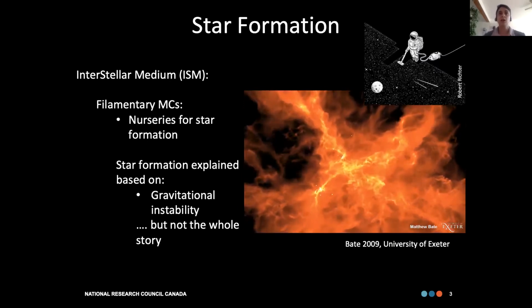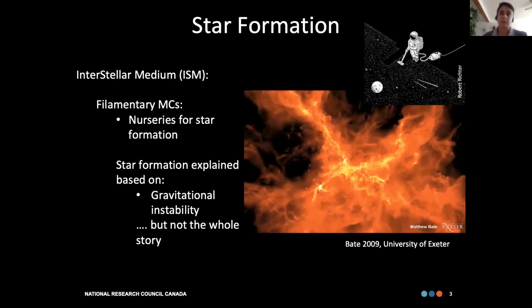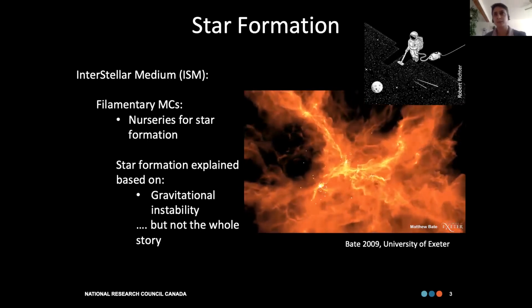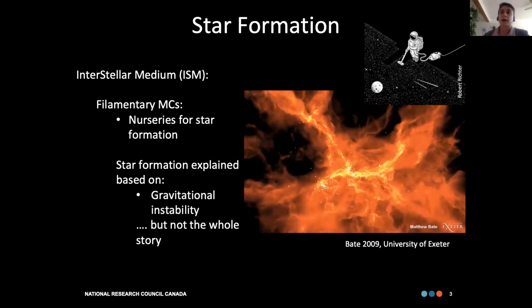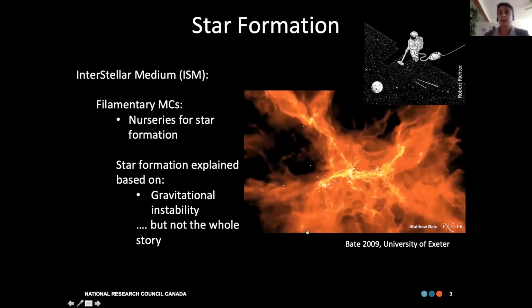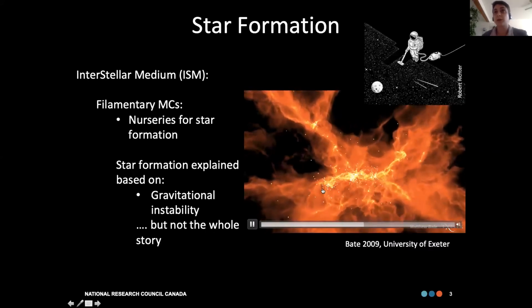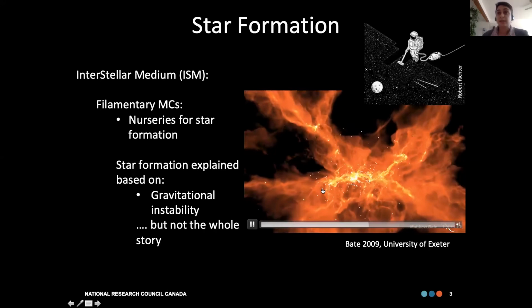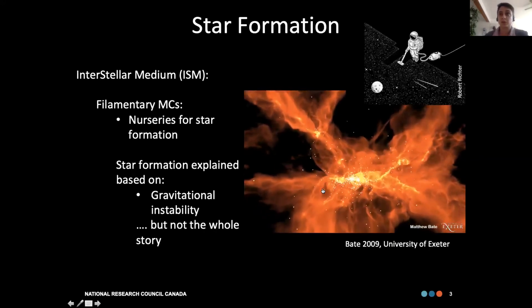So they allow for formation of stars within themselves. And various observations, including Herschel observations, showed that it's actually a dense filamentary structure, as you can see in the movie here, that are the nurseries for star formation and allow for formation of stars.